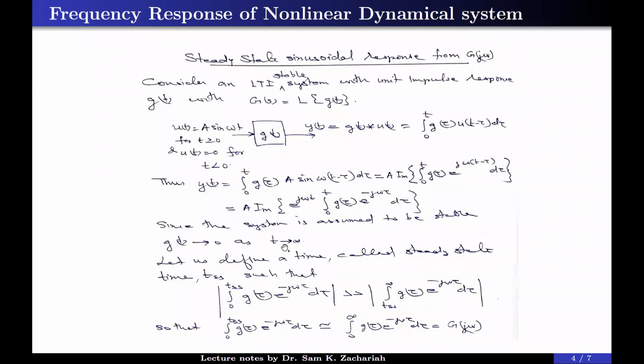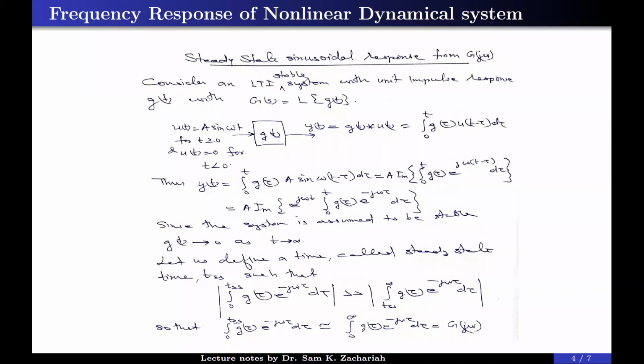This is making use of the stability. What I mean is, after a sufficiently long time, there won't be any significant transients. So if you integrate the transients beyond that steady state time, the integral itself will be negligible compared to the integral up to that time.